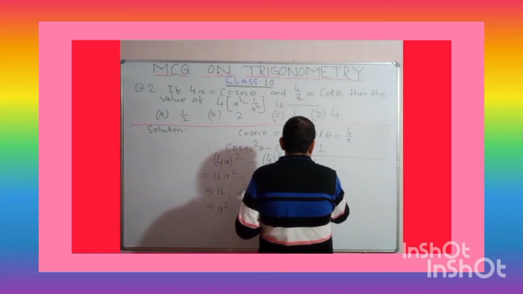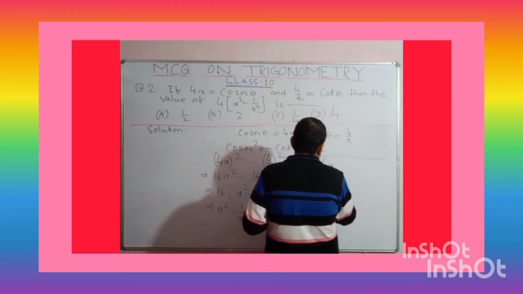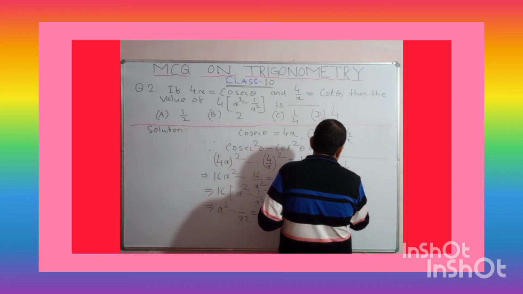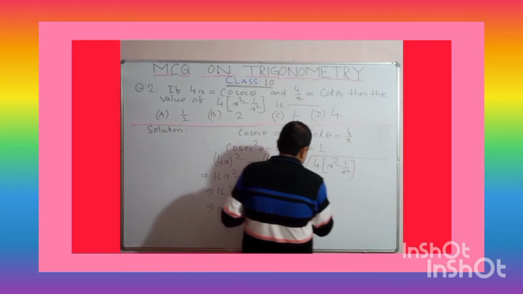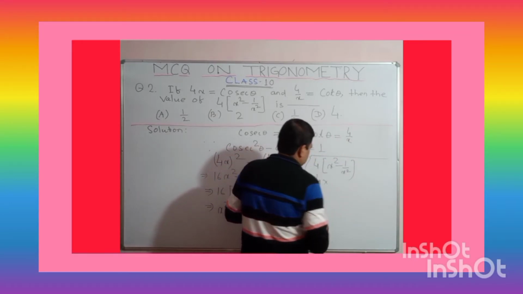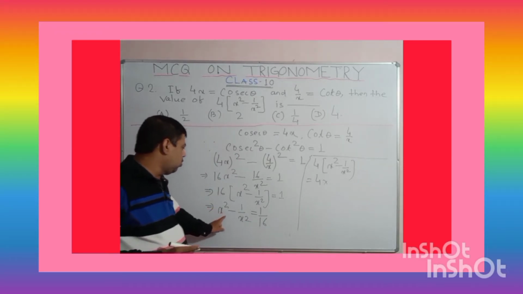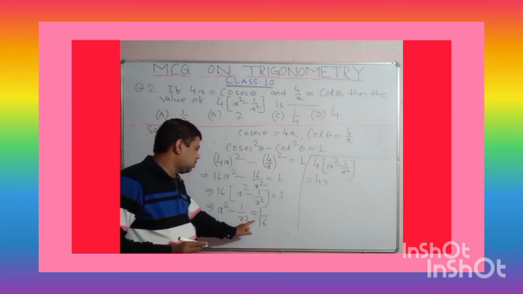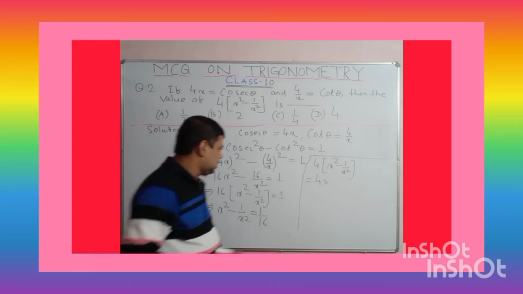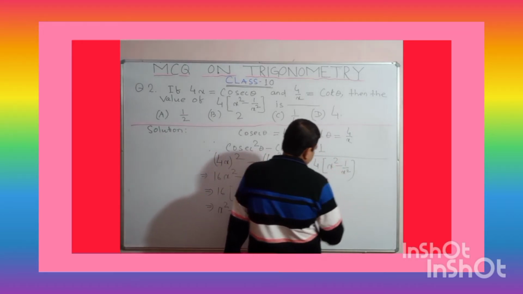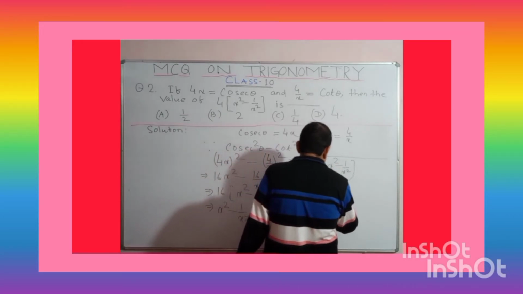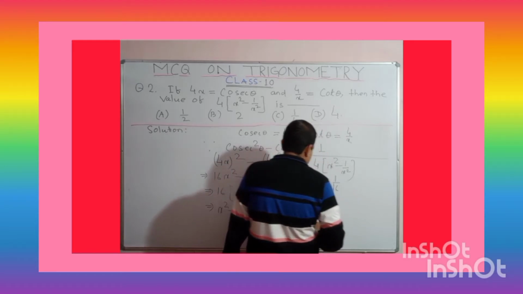Again you see, we have to find out 4 whole into x square minus 1 upon x square. Right? So that is equal to 4 into x square minus 1 upon x square. You can use the value x square minus 1 upon x square is 1 by 16. Already we got it. Use this value in place of x square minus 1 upon x square, and write 1 upon 16. Understand?